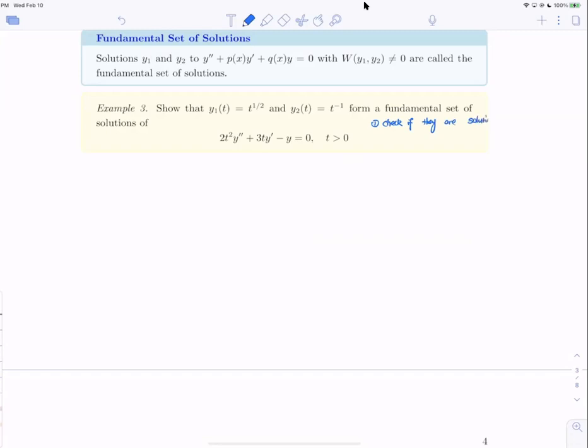They didn't ask you to check because it's hidden behind it. And after you check that they are solutions, then you check if the Wronskian is non-zero. Very important. If you only did one of those, then you don't get 4 marks. Again, I'll give you some time to work on this, and after you're done, I'll take it up.